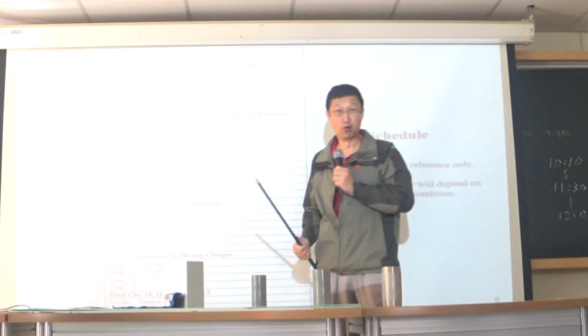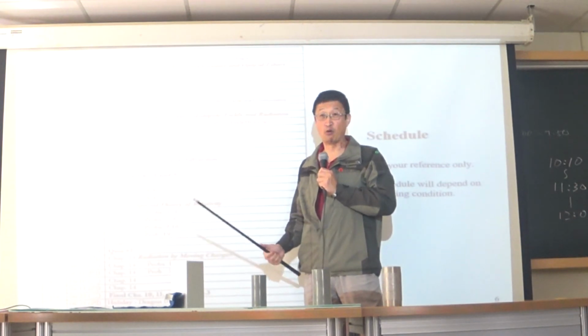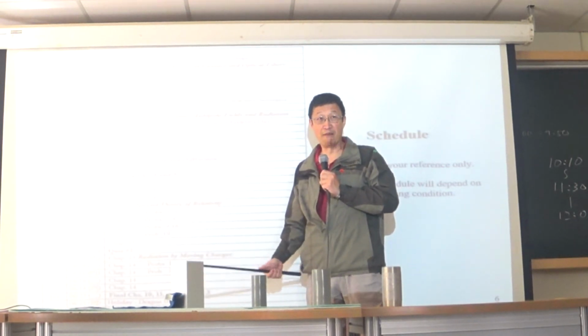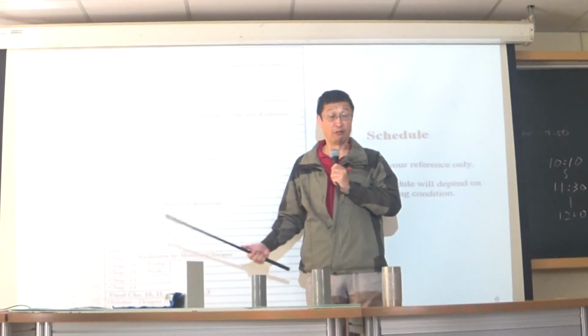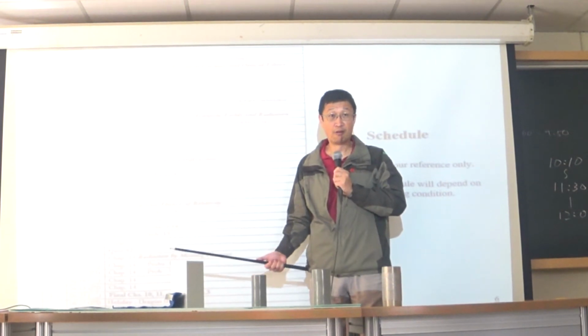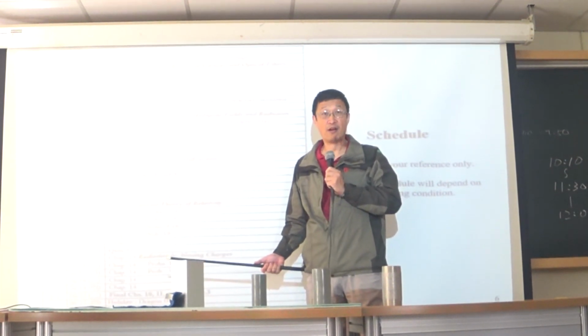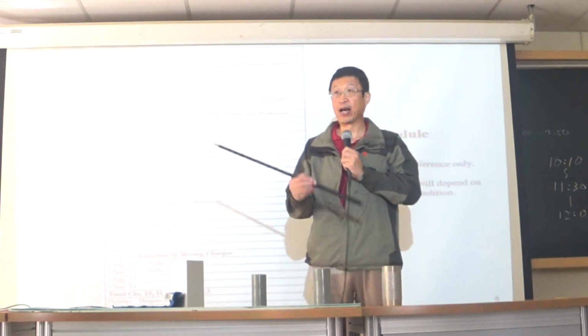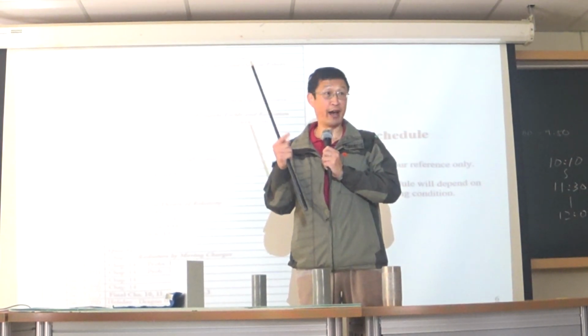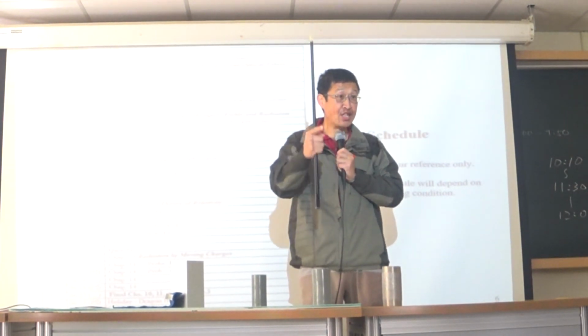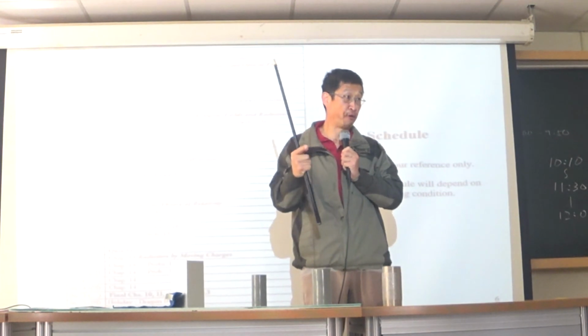Epsilon can be less than 1. Mu can be less than 0, for example. Okay, we can control epsilon and mu ourselves. It's adjustable.